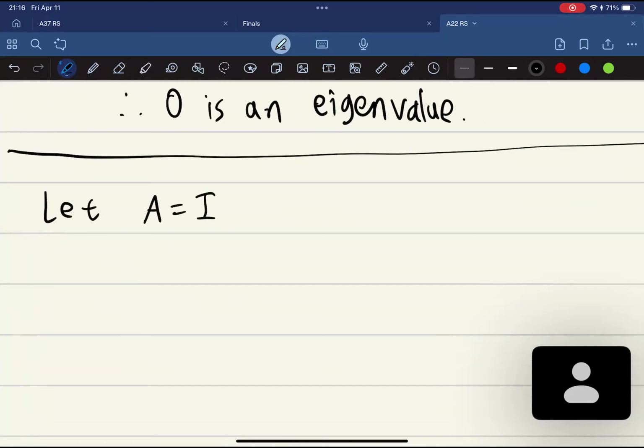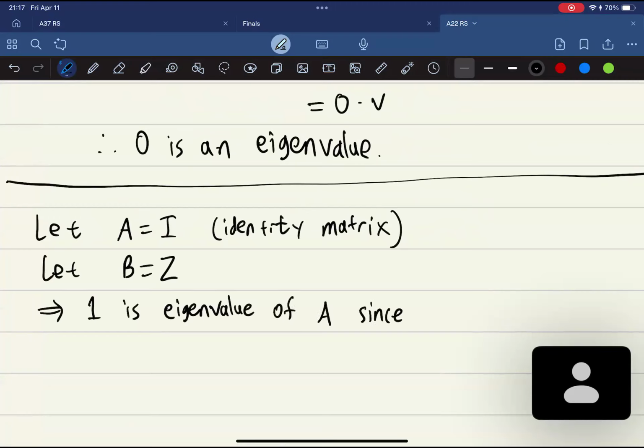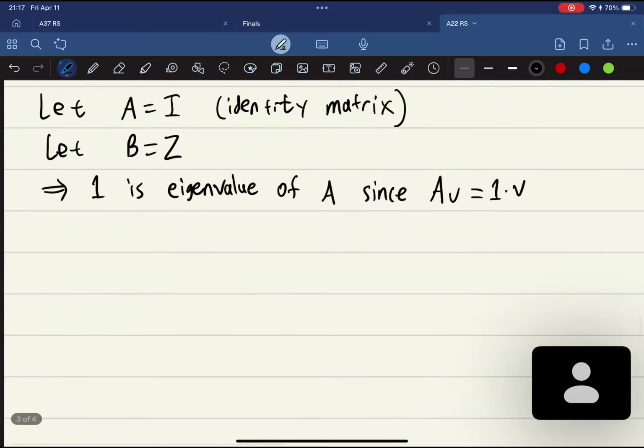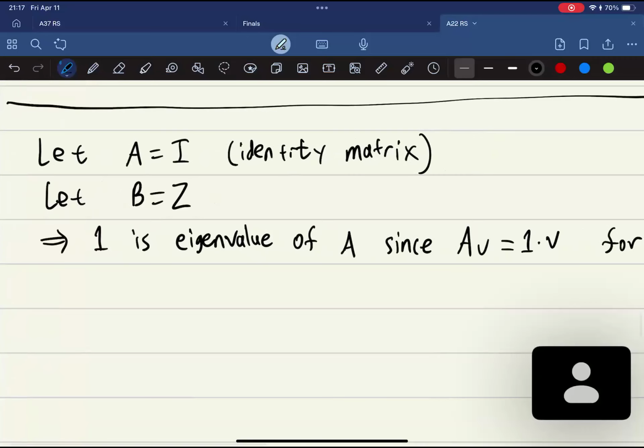I'll let A be the identity matrix of Rn to Rn, and we let B be the zero matrix. 1 is an eigenvalue of A, since A of V is equal to 1 times V for all V. But B times A is just the zero matrix again.